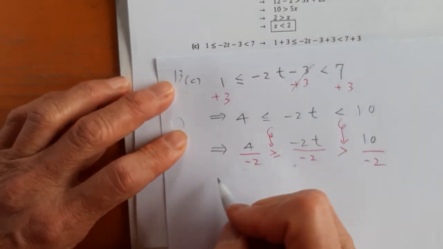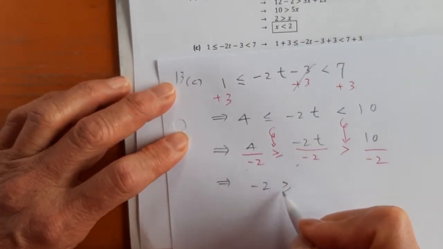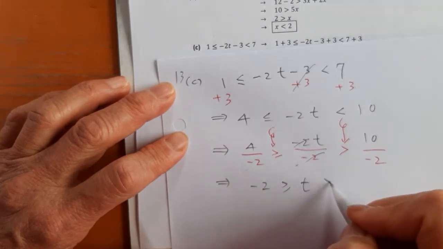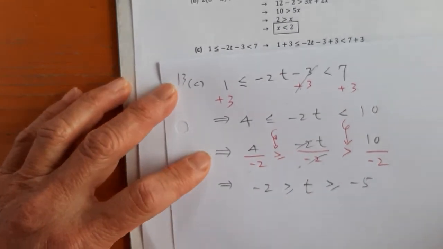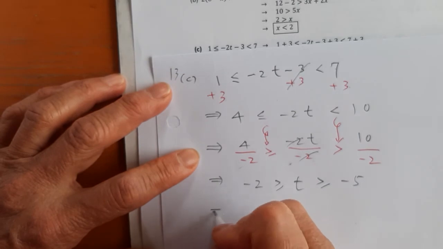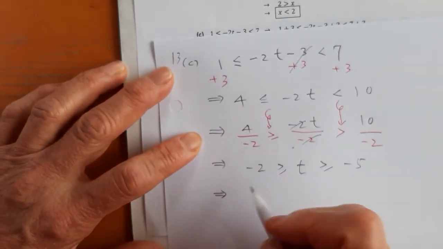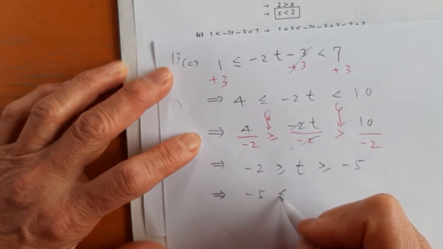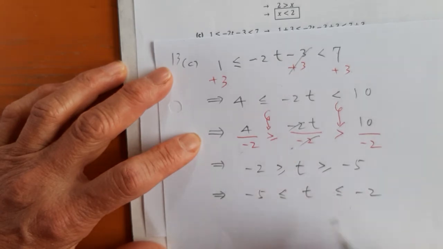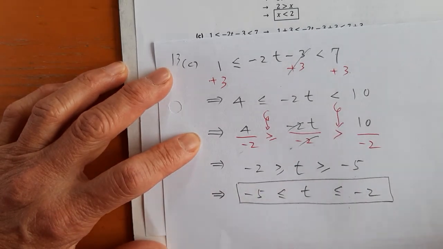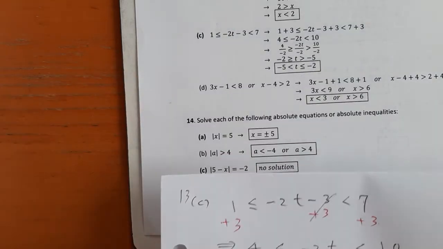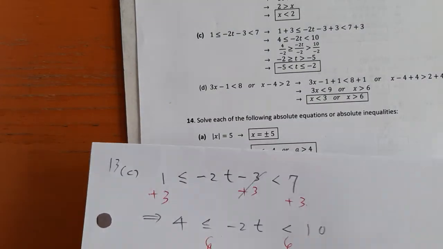And cancel. So you get -2 greater than or equal to t greater than or equal to -5. And put in ascending order, put -5 first. It becomes -5 less than or equal to t, less than or equal to -2. That's the solution. C. Then D.